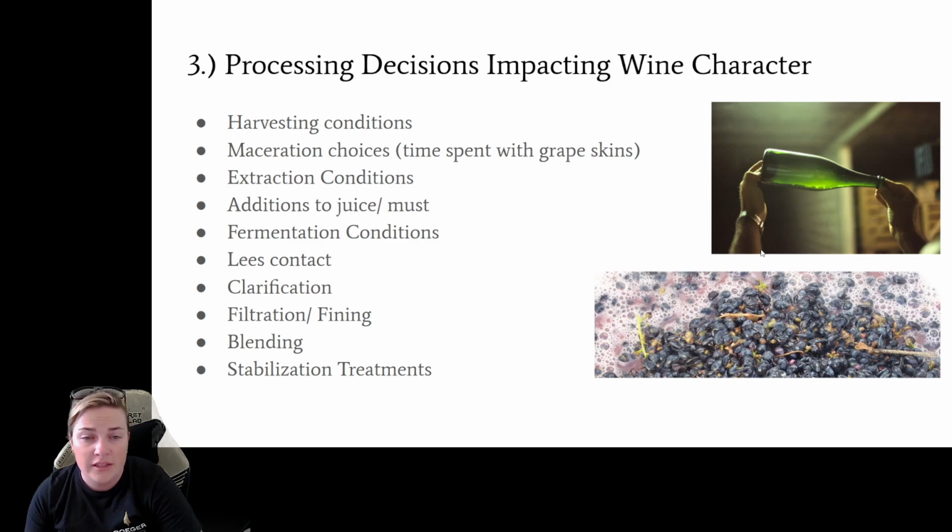Then there are your fermentation conditions and lees contact. Lees is the leftover sediment of yeast and bacteria after fermentation, and it can be utilized to improve the mouthfeel of a wine. We also have clarification processes, filtration, fining, blending, and stabilization treatment. So many things, right, that can impact the flavor of the wine ultimately.